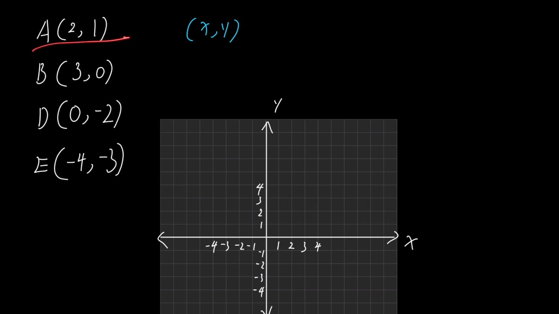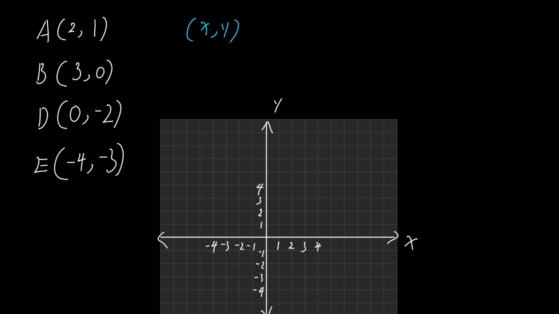First one, we have 2 comma 1. They are both positive. So for the x value, we have to figure out the number 2 along the x-axis, and along the y-axis the y value is 1. There are multiple ways to draw the graph, but what I'll show you is we start from 0 and graph the x value.